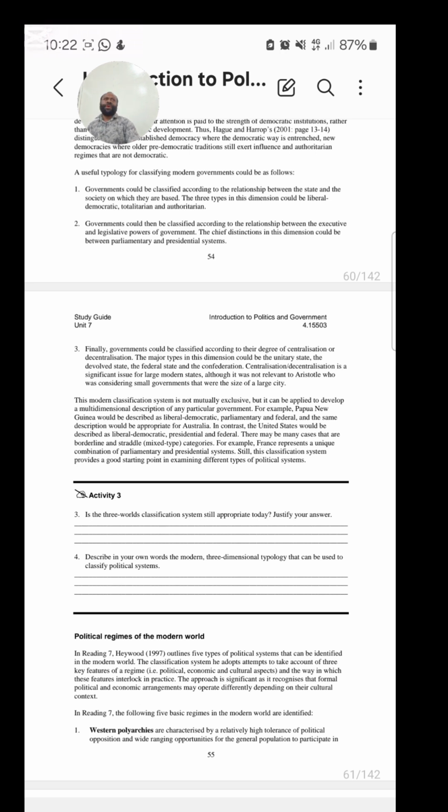So modern classification tends to be more dictated by development, but Hansen and Harab's typology of classification presents another dimension or notion in the political view.